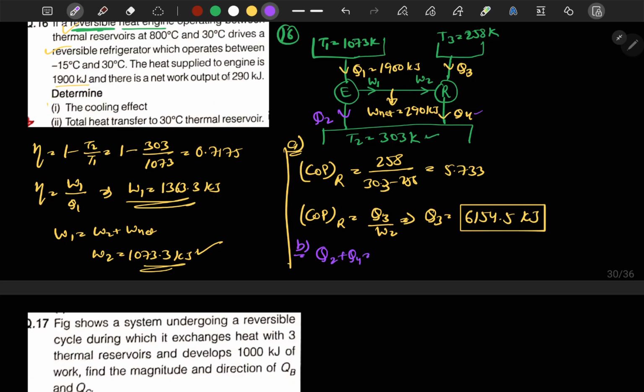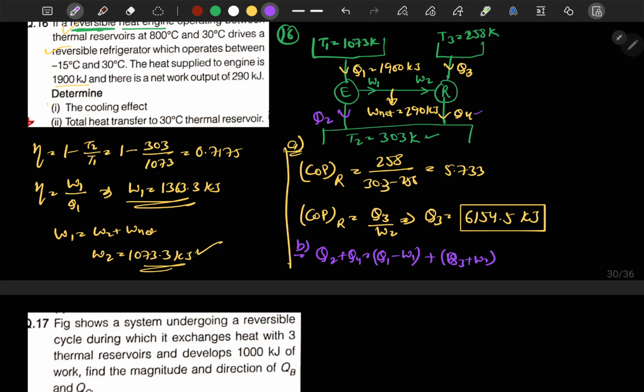We know that Q2 is equal to Q1 minus W1, and for Q4 we know that it is equal to Q3 plus W2. We know Q1 is equal to 1900, W1 is equal to 1363.3, Q3 is equal to 615.5, which we have already calculated, and the value of W2 is equal to 1073.3, which I have mentioned here.